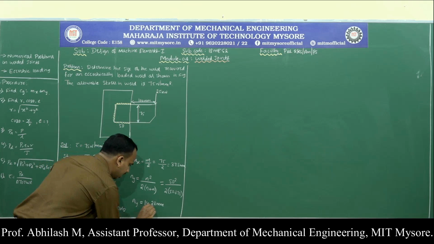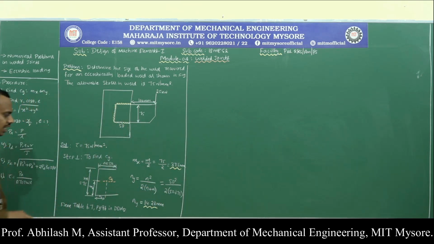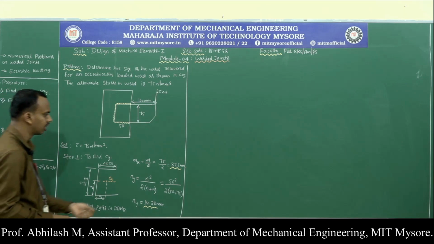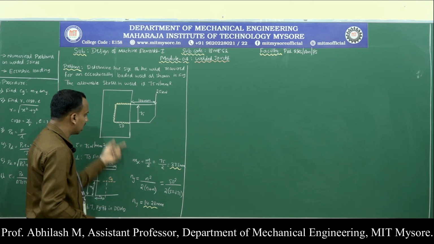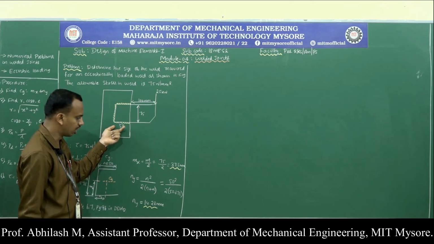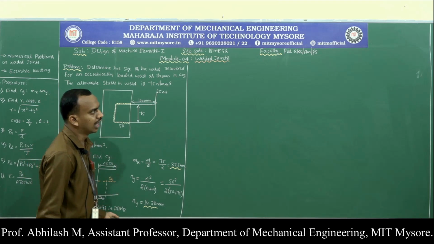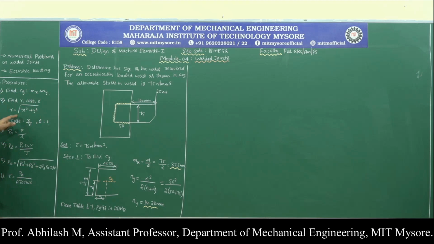So from the left end and from the top end we have obtained the position of the CG. The CG lies at a point of 37.5 millimeter from the top, and from the left end it is 14.28.